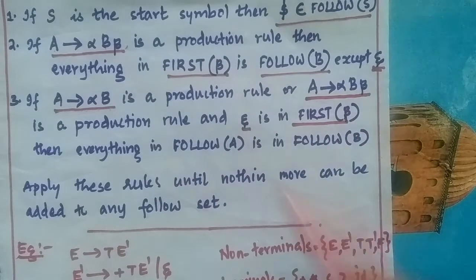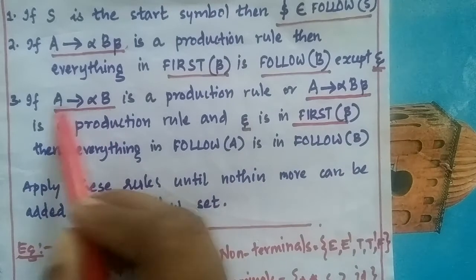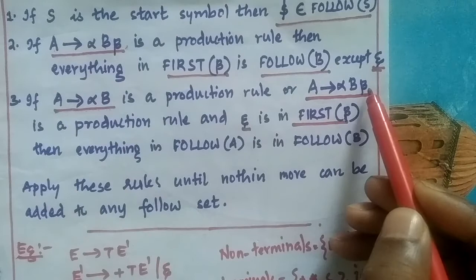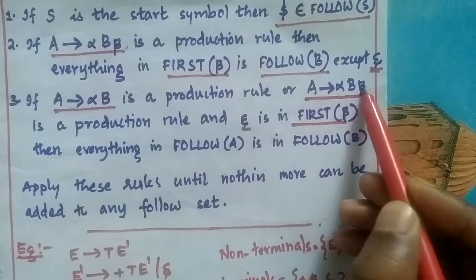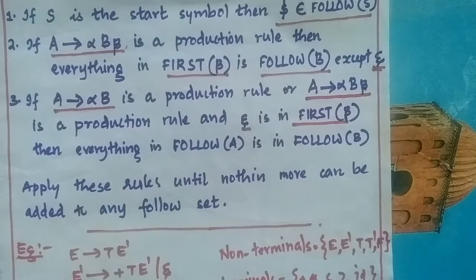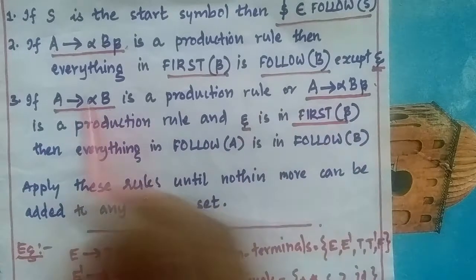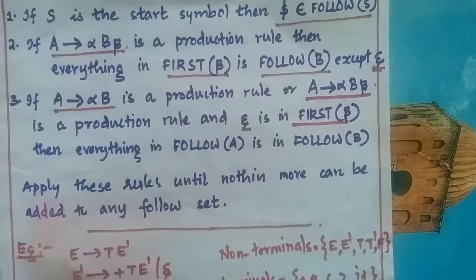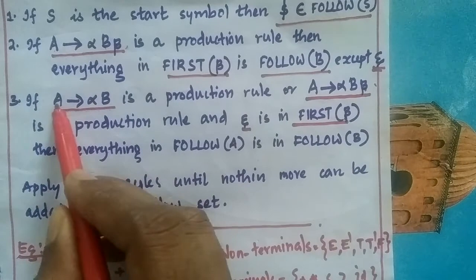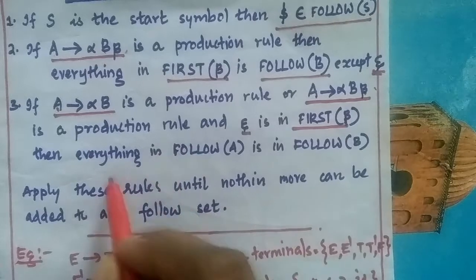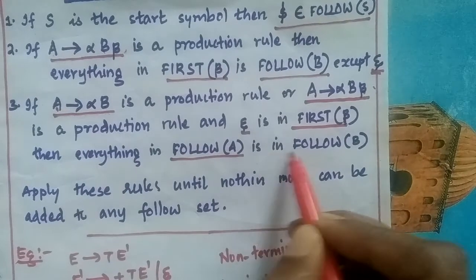So the condition is either you have A gives alpha B, or A gives alpha B beta and first of beta contains epsilon. If this is the case, then everything in follow of A is in follow of B. That is what the rule is telling: everything in follow of A is in follow of B.